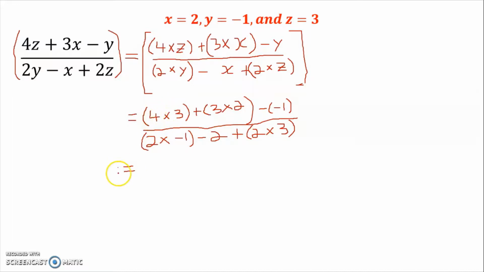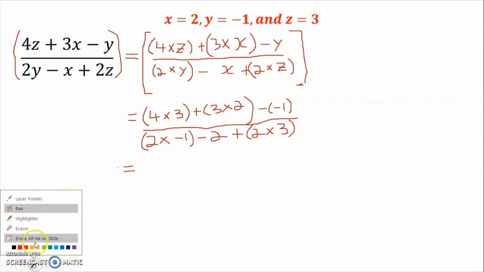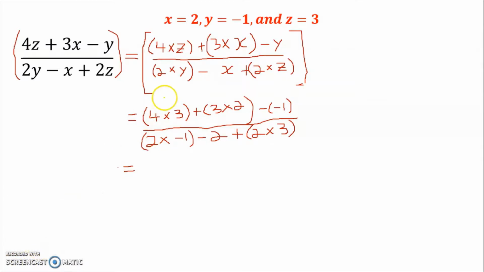The next step is to simplify. So 4 multiplied by 3 is 12. 3 multiplied by 2 is 6. Negative times a negative is a positive, so we get plus 1, because we have a negative followed by a negative, so that would result in a positive sign.